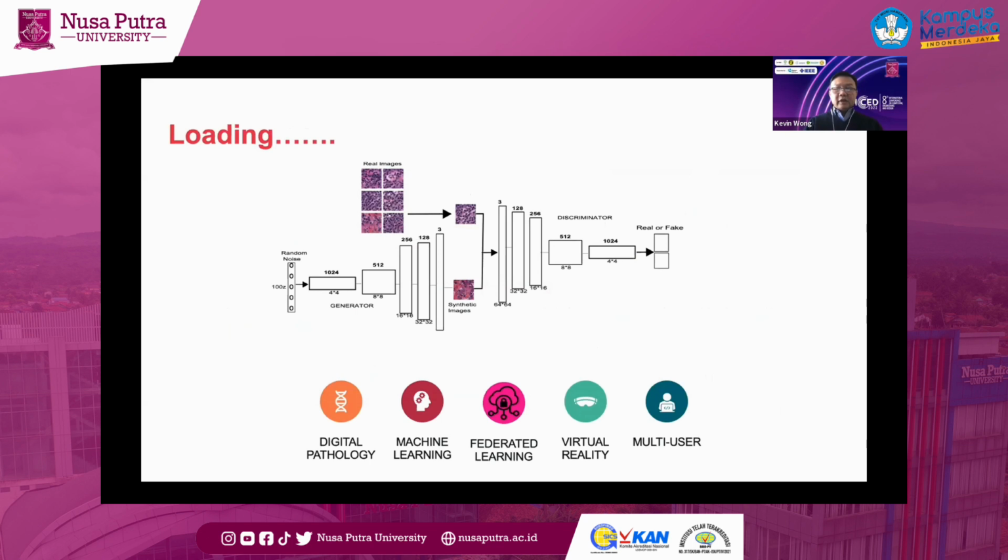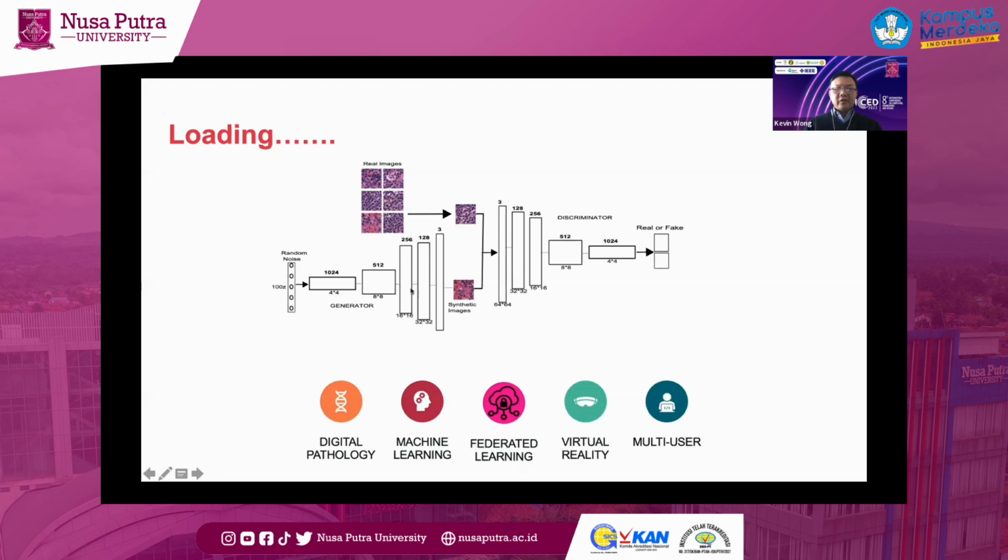Those two have looked into how we deal with the region of interest and the limited labeled data. This one here is one of the ongoing experiments we have, and we have just finished one trial. We are still working with the hospital to come up with a lot of blind test data, and we will be submitting that into a journal. Here we are using a GAN network, a generative adversarial network.